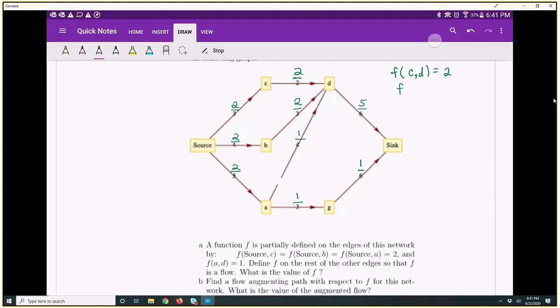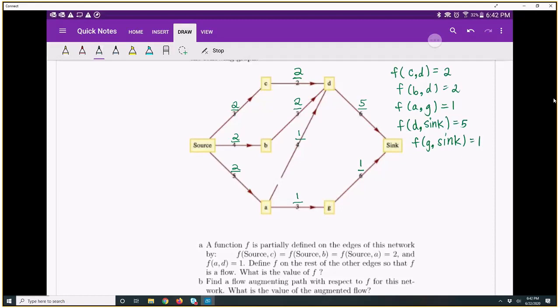F from B to D is 2. F from A to G is 1. F from D to the sink is 5. And F from G to the sink is 1.